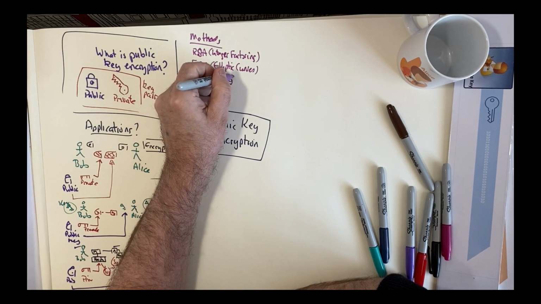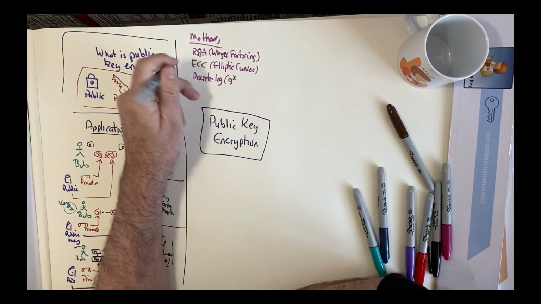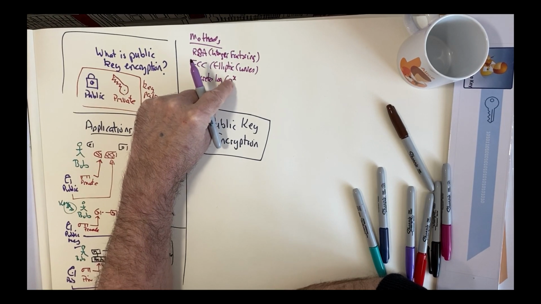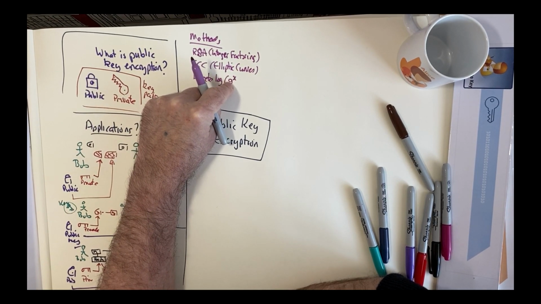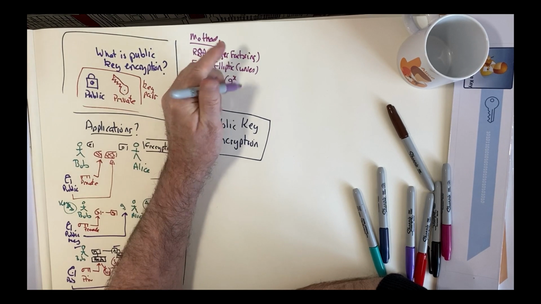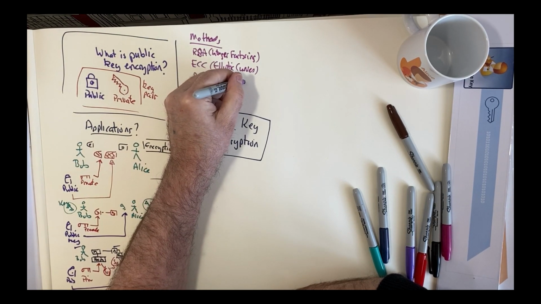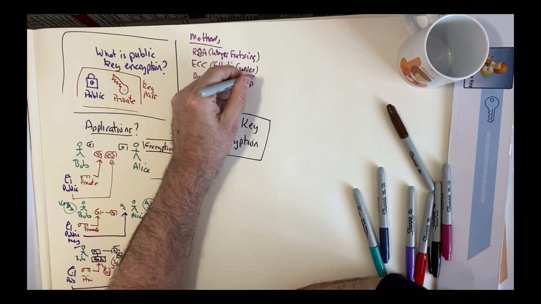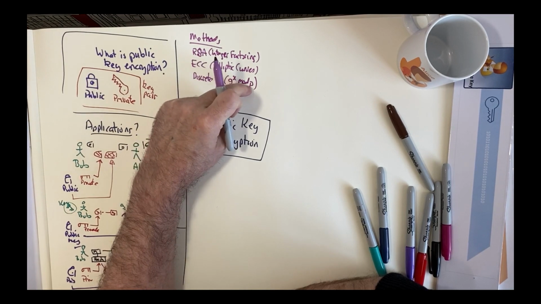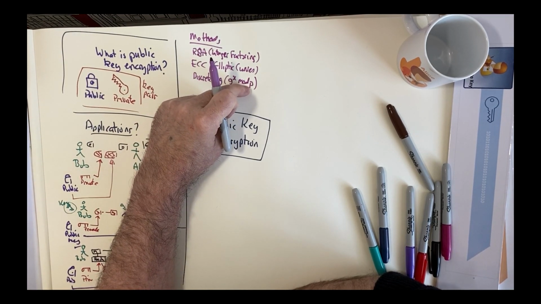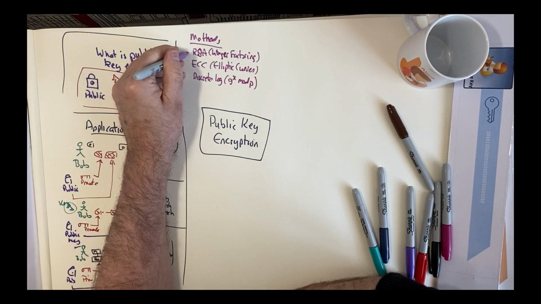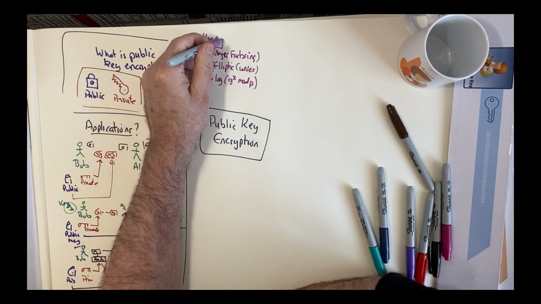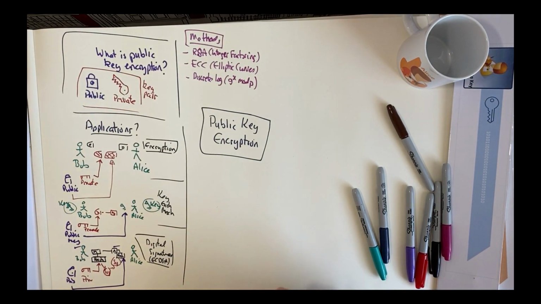So that's a log, generator base and an exponent. And then in public key encryption, we also have the mod of p, a prime number. Each of them use prime numbers, and I'll explain that in a little minute.